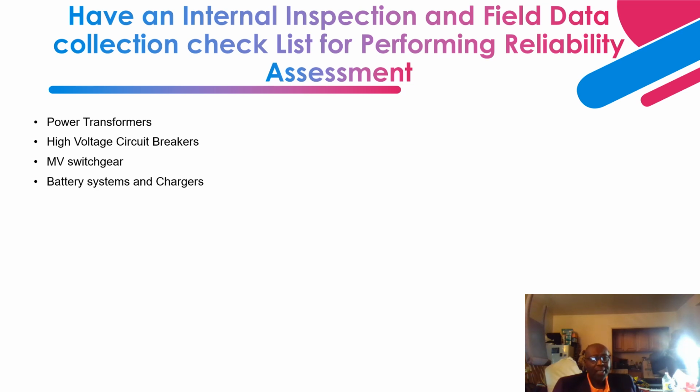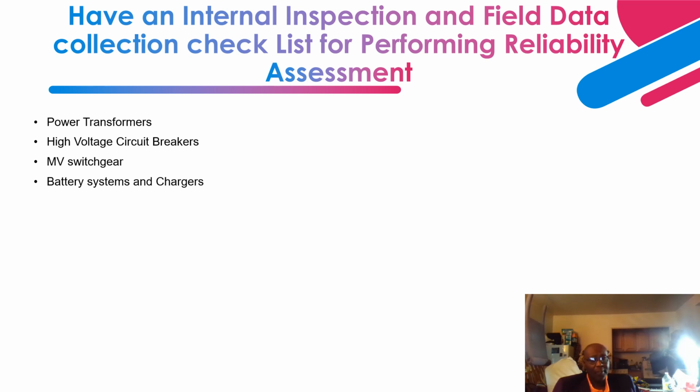So you should have an internal inspection checklist. On the slides that are coming, I'll show you what you should have on your internal inspection checklist. That itself will help you to perform your visual inspection on the day that you are going to perform the reliability assessment, and also help you to collect the data that you'll use for your analysis.